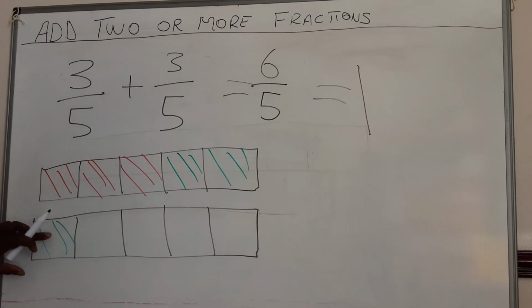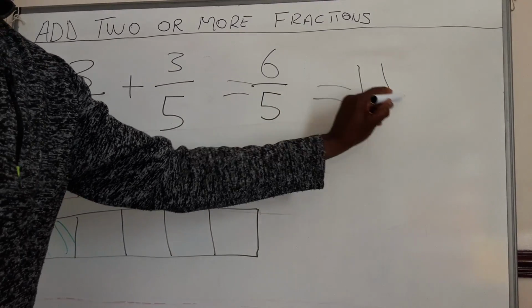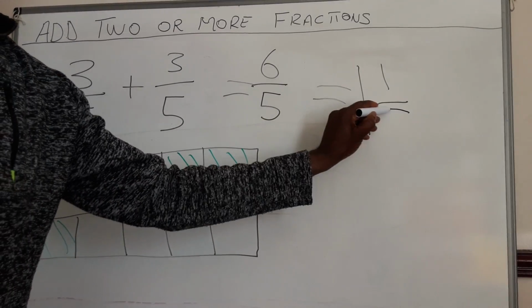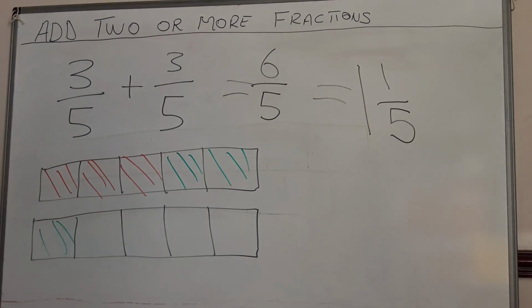And we have only 1 part of this bar being shaded, so we put our 1 here. And the bar is split into 5 equal parts. So that's why we have a whole number 1, and 1 over 5, using the bar model.